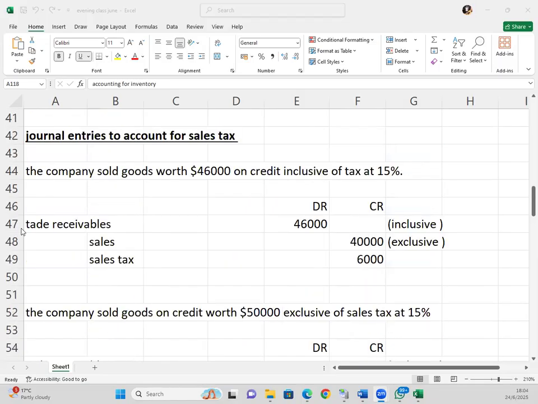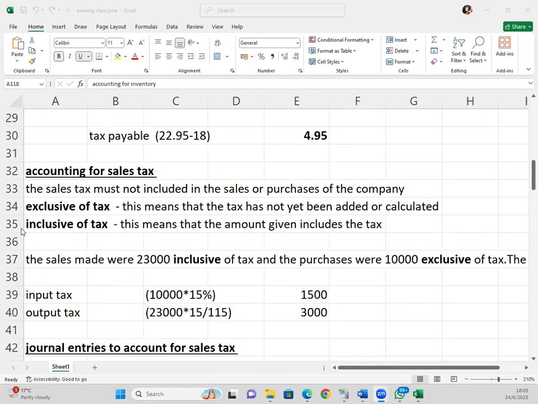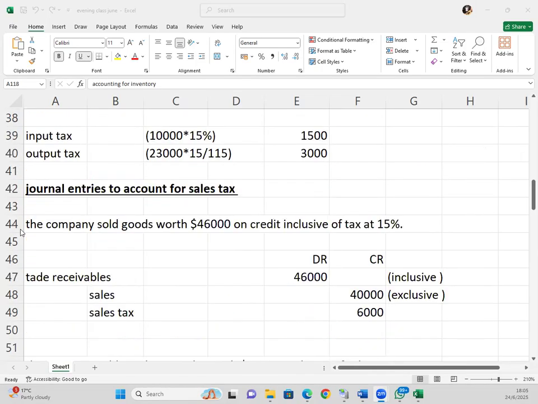We also mentioned that we can have an amount inclusive of sales tax, and an amount exclusive of sales tax.